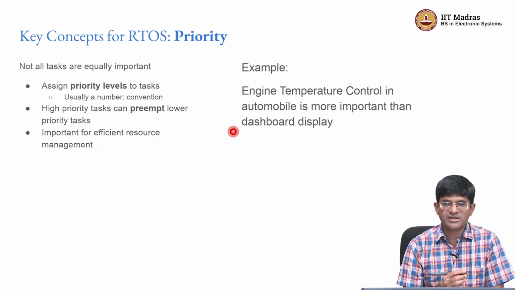But on the other hand, which is more important, pressing the brakes or controlling the temperature of the engine in order to avoid a potential explosion of the engine? Both are extremely critical, extremely important, and both need to be addressed very quickly. So deciding on priority levels itself is not a trivial task, right?